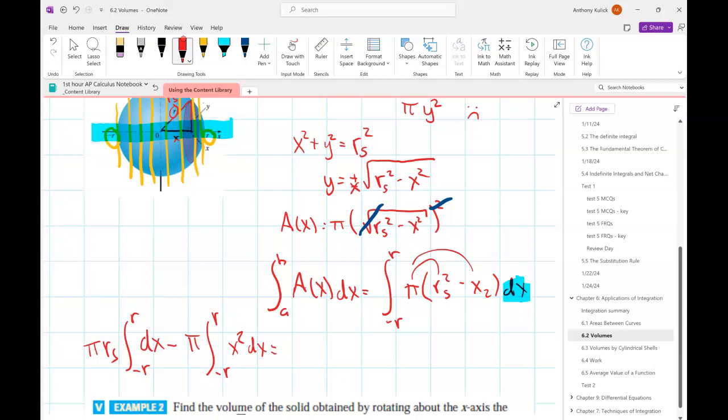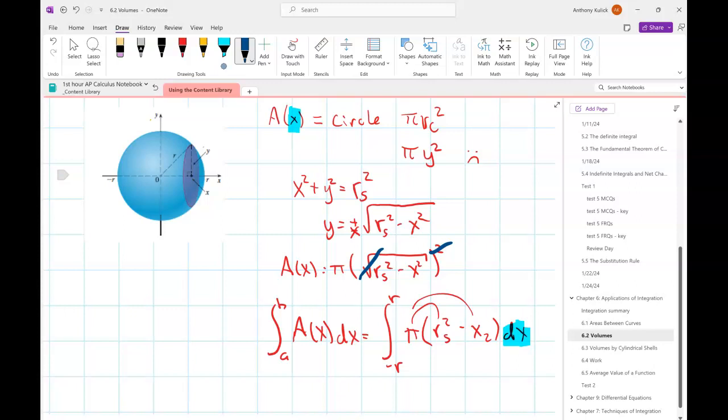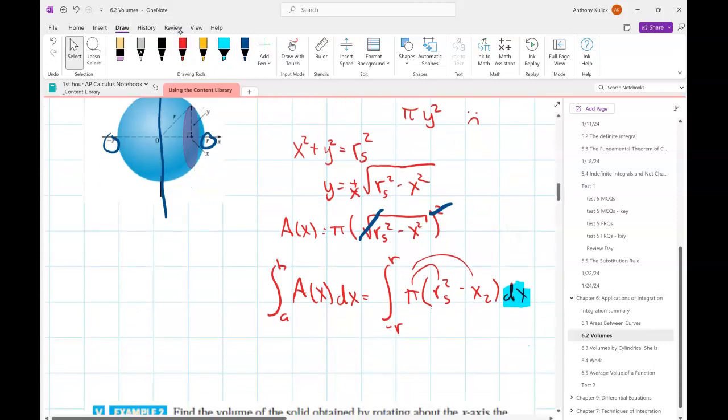Ooh, Mr. Kulik just sees a shortcut. Look at this. Hold on, I apologize. Look at our picture of our sphere up here. Let me clean it up a little bit. Notice that this is an even function because we're symmetric across the y-axis. So let's do that.